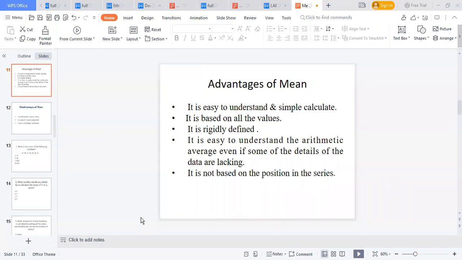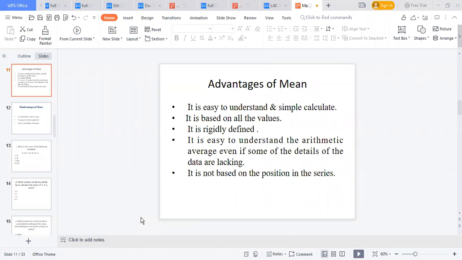It is rigidly defined. It is just what it is because you're adding everything and then dividing by the number of items.